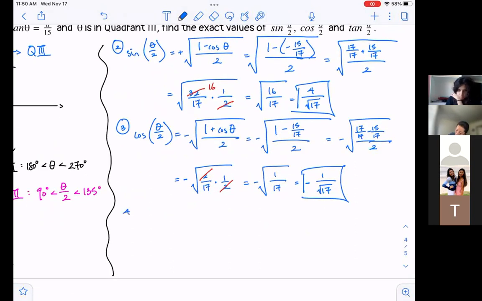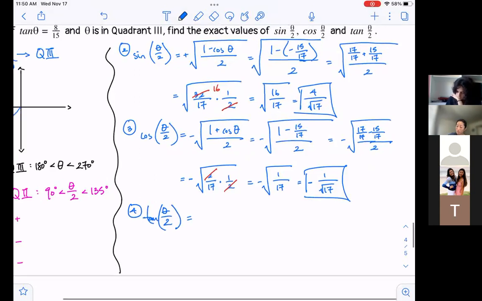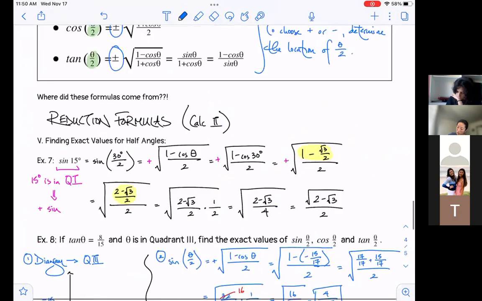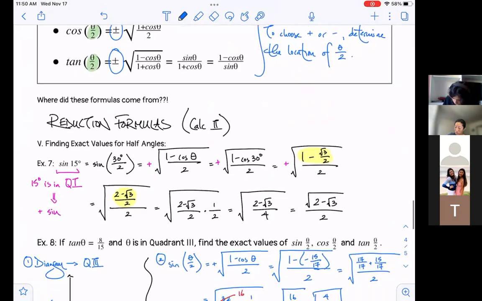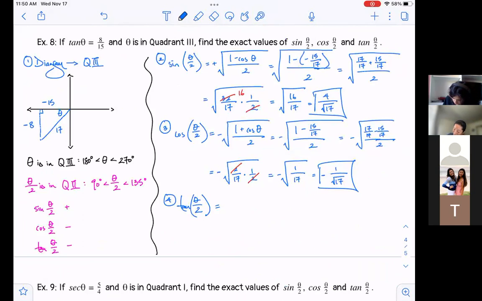And last but not least, tangent theta over 2. You are welcome to use the formulas that we have, right? You can use these formulas. Nothing wrong with that. Or you can say, I already did a bunch of work.